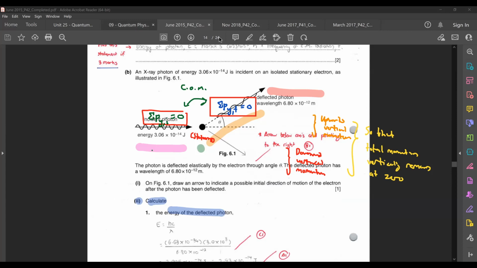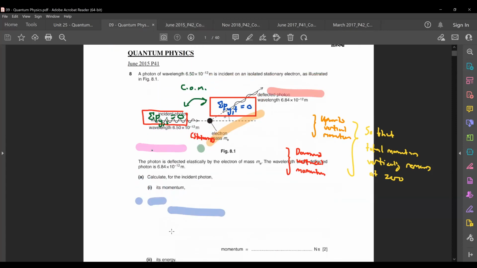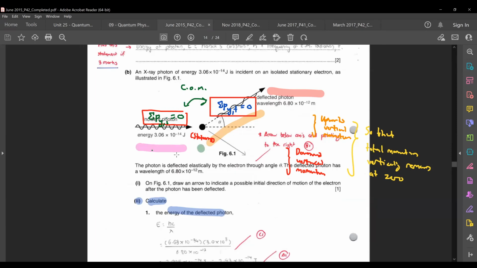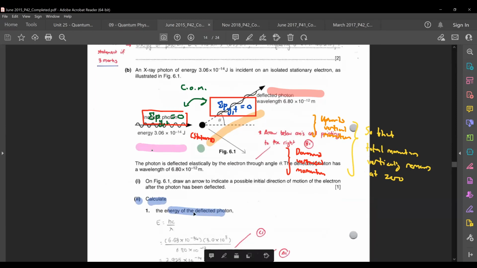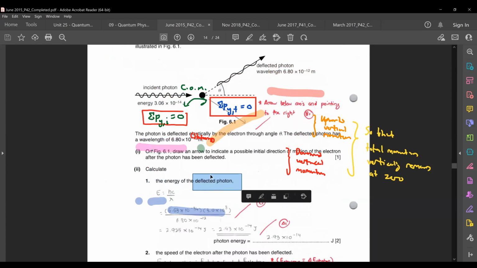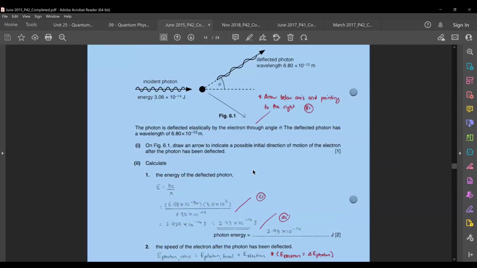The one in page 1 also asks you to calculate the energy of your photon, but that one is for the incident photon, the photon before collision. So in your current question, they want the energy of your deflected photon, the one after collision. So it pays to read your question carefully. Which photon are you referring to? So right now, they want the energy of your deflected photon.